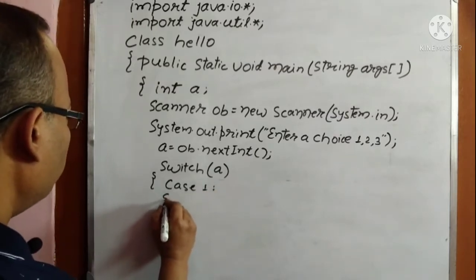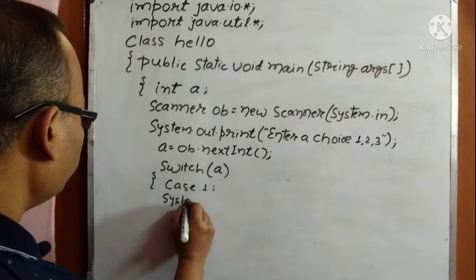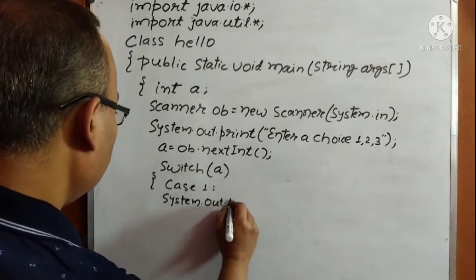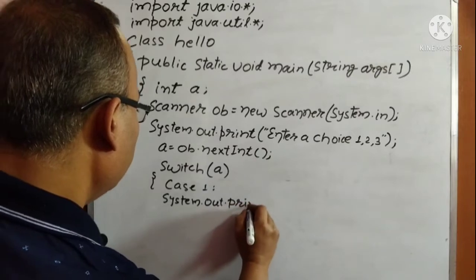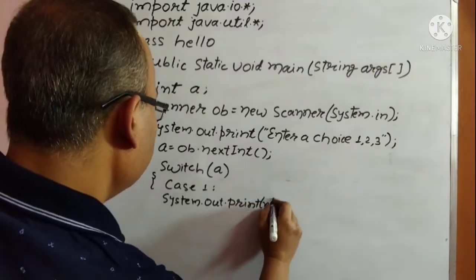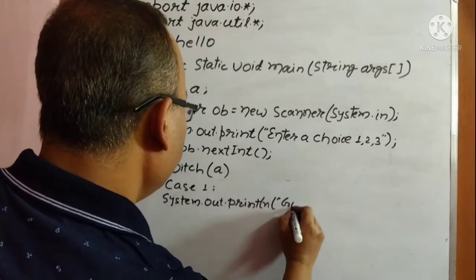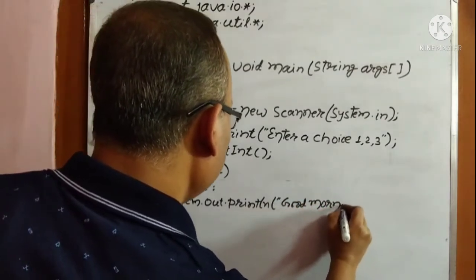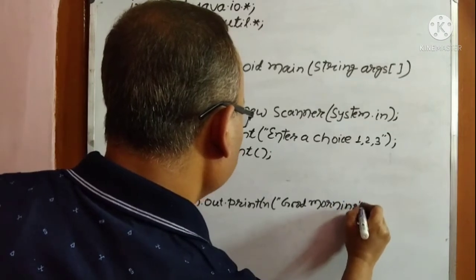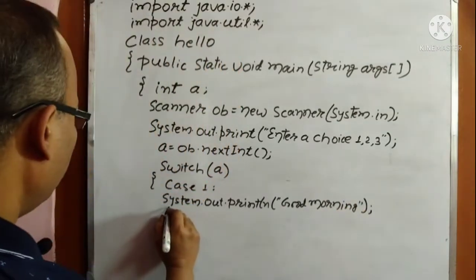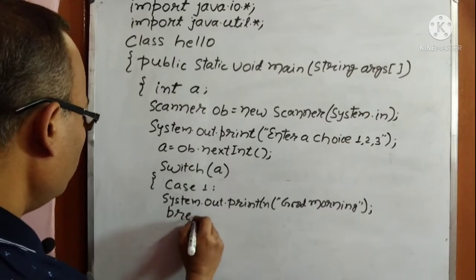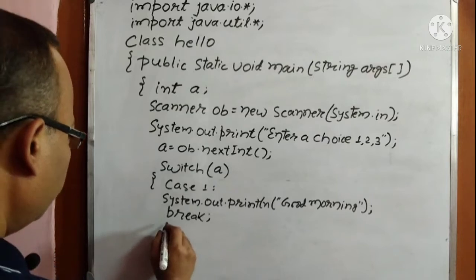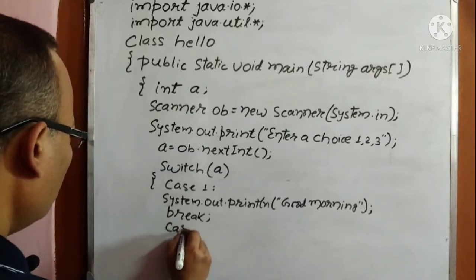Then suppose I am printing System.out.println, simple, suppose I am printing good morning. Good morning. So now break. Clear? So if the user enters 1, then this will be printed. Case 2.